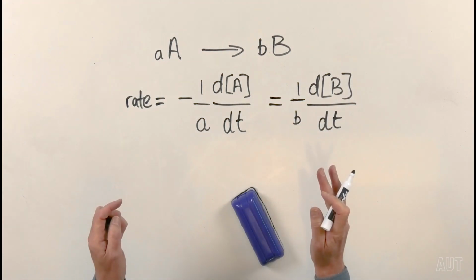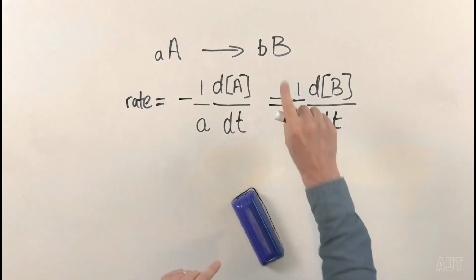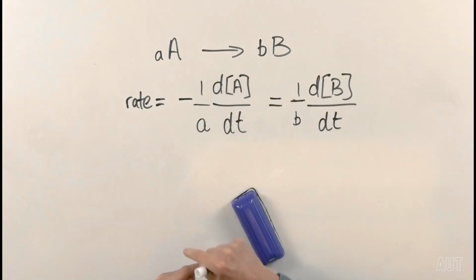And now we're all good. We have now a definition of rate that will give you, most importantly, the same answer depending on whether you are monitoring how A decreases over time or how B increases over time.